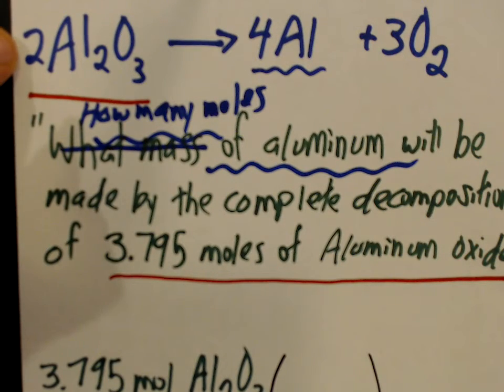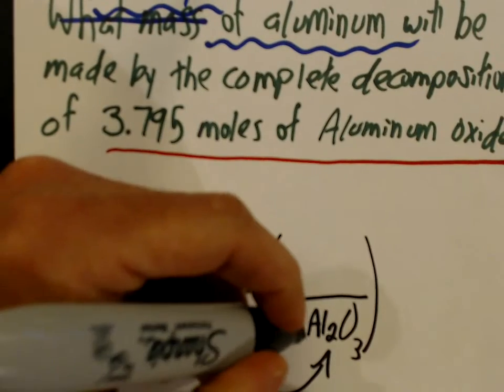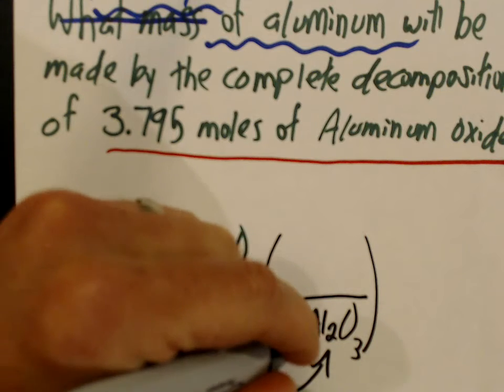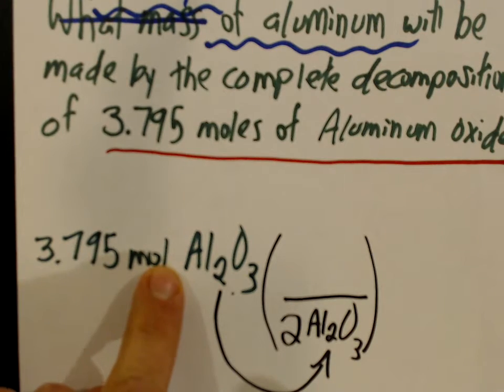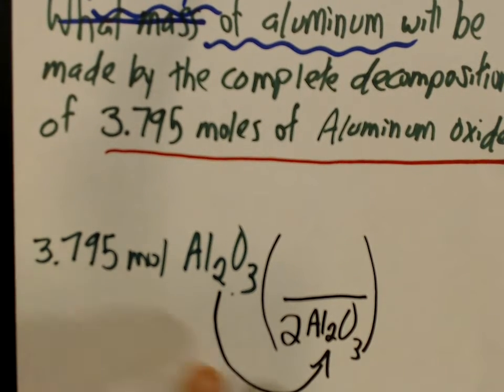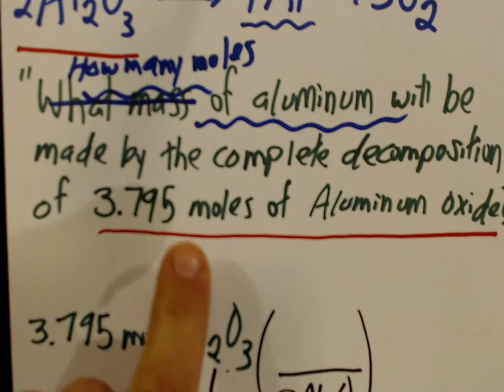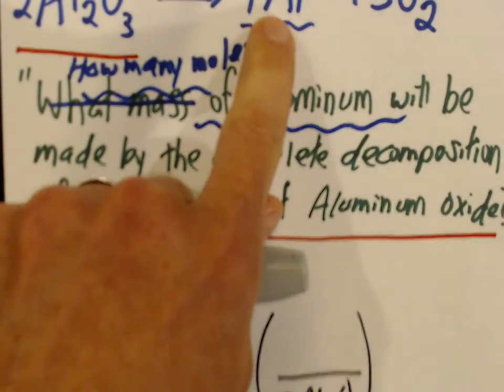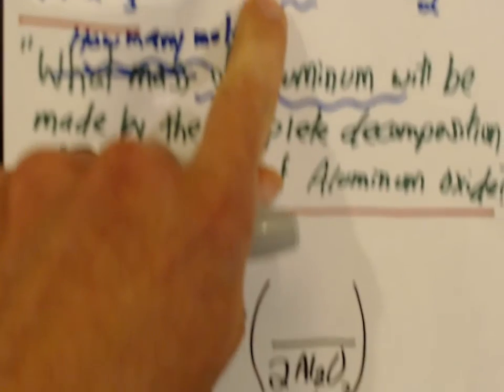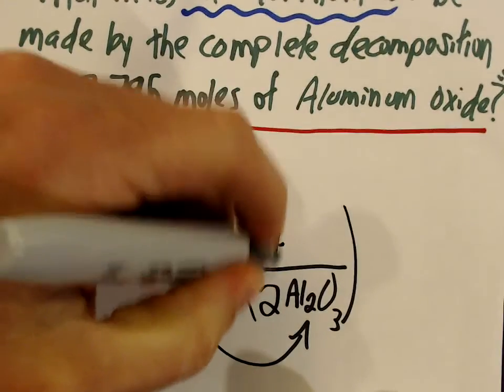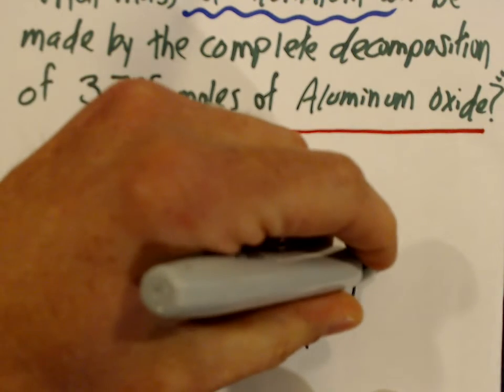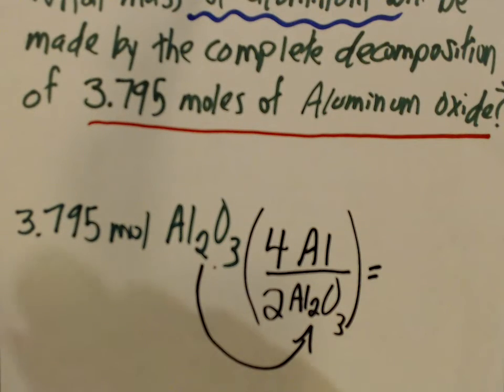And our equation says that there's 2 moles of it, so now I'll put the 2 in there. If you have the big 2 here and here, you're going to get messed up. It only goes here in the parentheses. We're asked about moles of aluminum, so I'm going to put 4 moles of aluminum up on the top, 4 Al. There we go. Now we have an equation that we can solve.